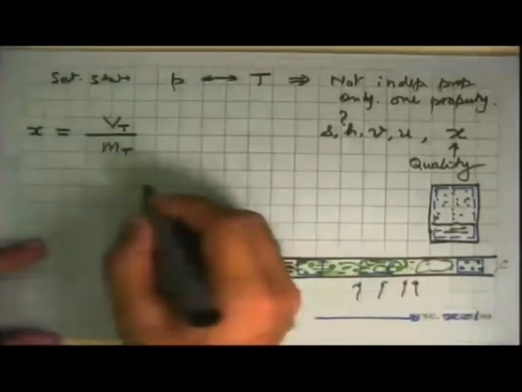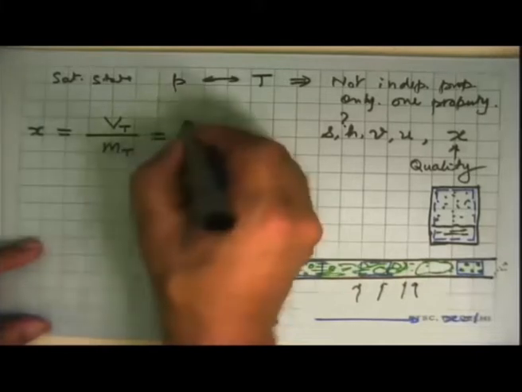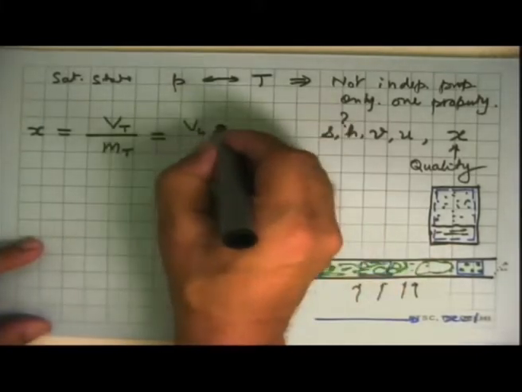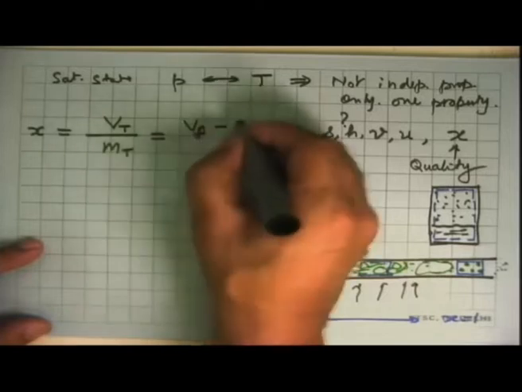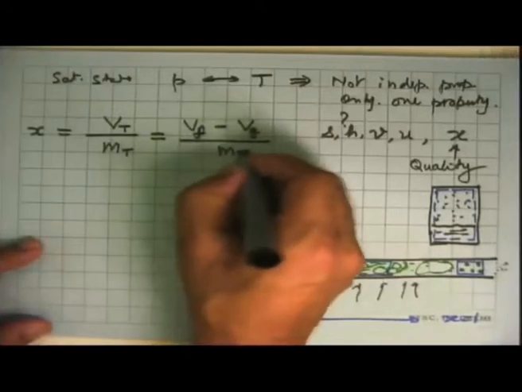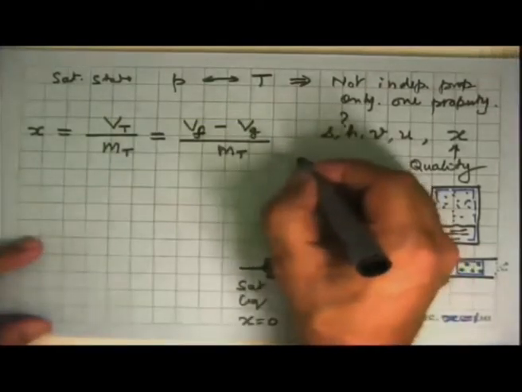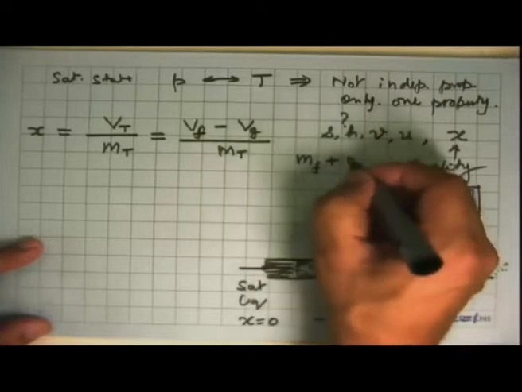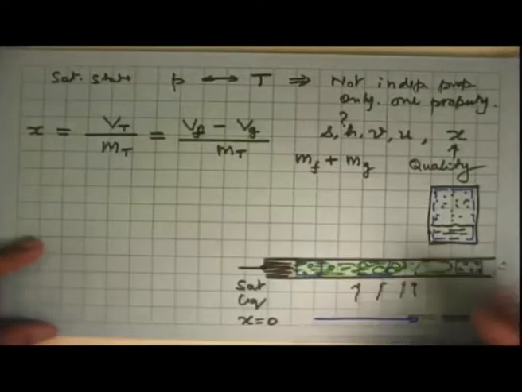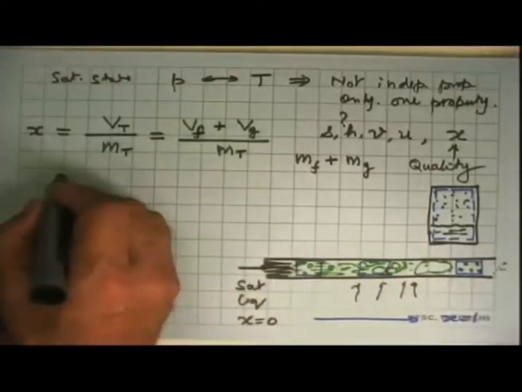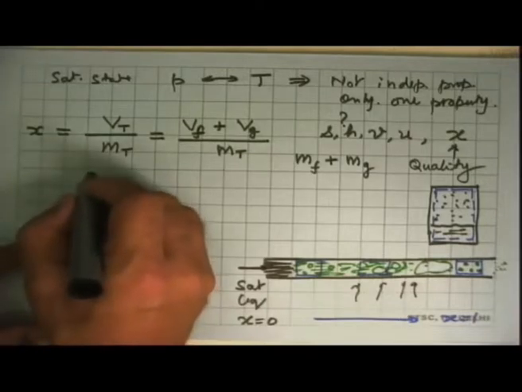And we can then write that the total volume is the volume occupied by the liquid, the f, plus the volume occupied by the gas, the vapor, divided by the total mass. The total mass is the mass of the liquid plus the mass of the vapor. The volume itself we can write in terms of specific properties.